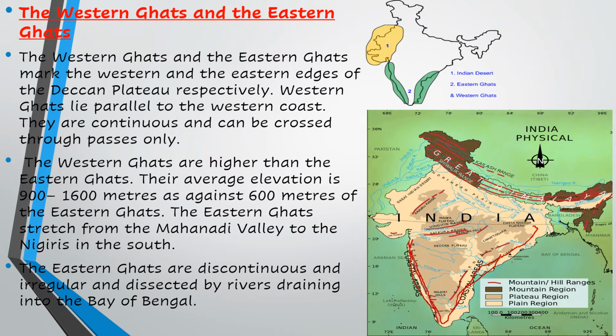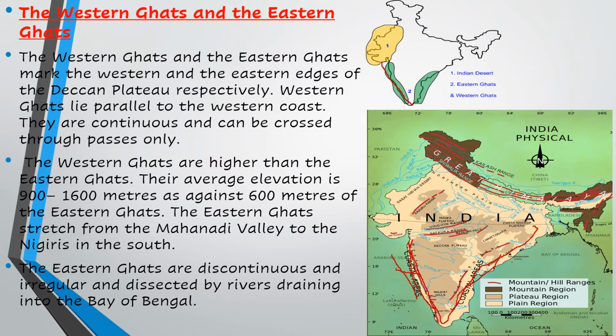The Western Ghats lie parallel to the western coast. Parallel means opposite, so the Western Ghats lie parallel to the western coast. This is the coastal area, right? They are continuous and can be crossed through passes only. The Western Ghats are higher than the Eastern Ghats. You can see this particular line, the Western Ghat is higher.